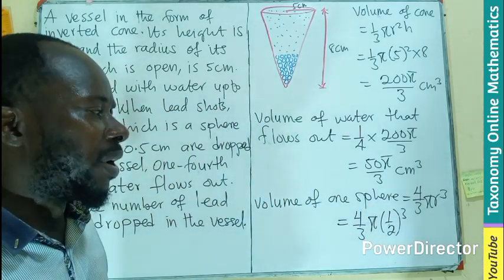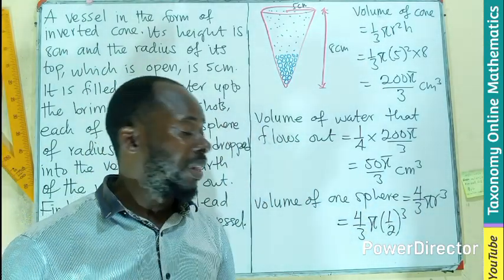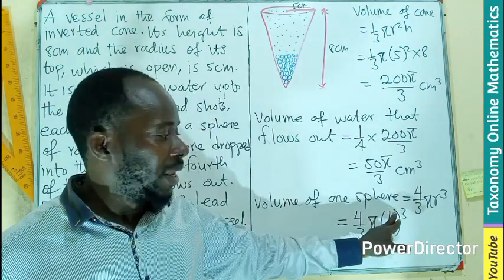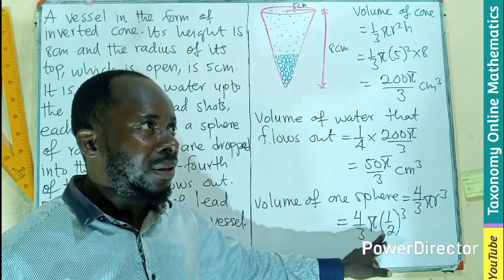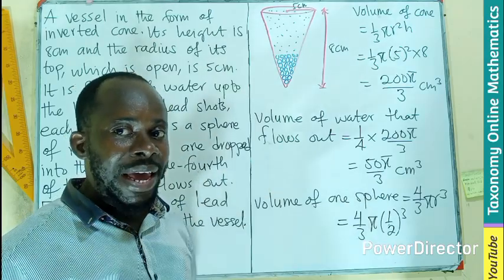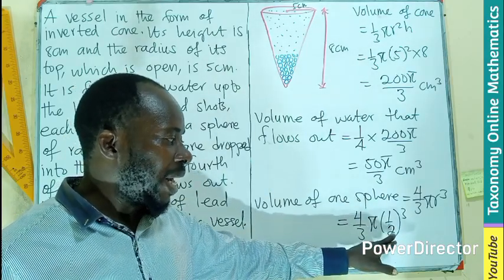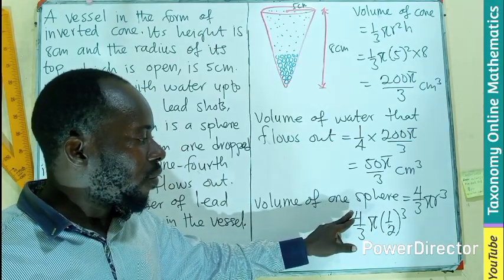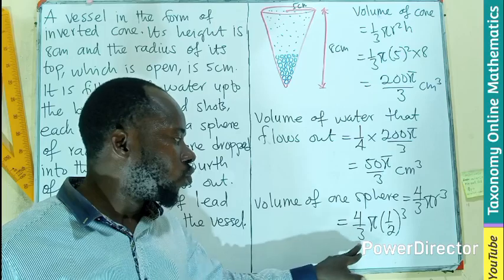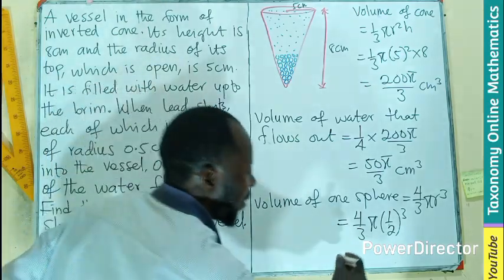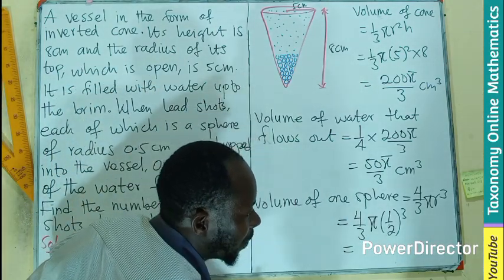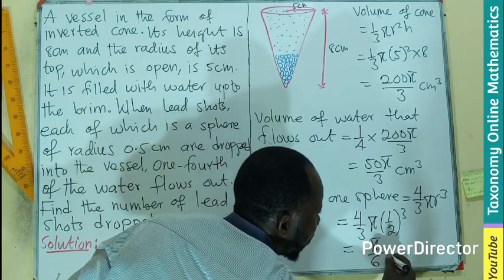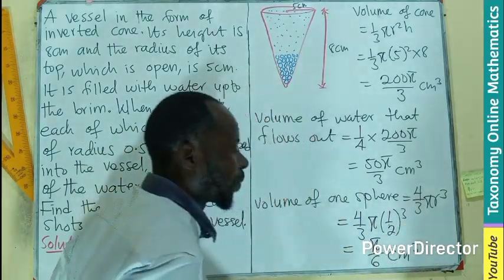Why 1/2? Because 0.5 can be converted to a fraction. This here is 1 to the power 3 divided by 2 to the power 3, meaning 1 over 8. And 4 and 8 have a common factor: 4 goes into 8 two times. So 2 times 3 gives 6 in the denominator, and I'll be left with pi divided by 6, also in centimeter cubed.